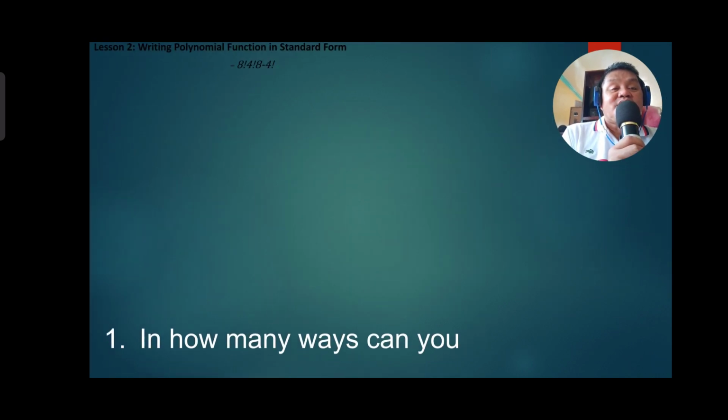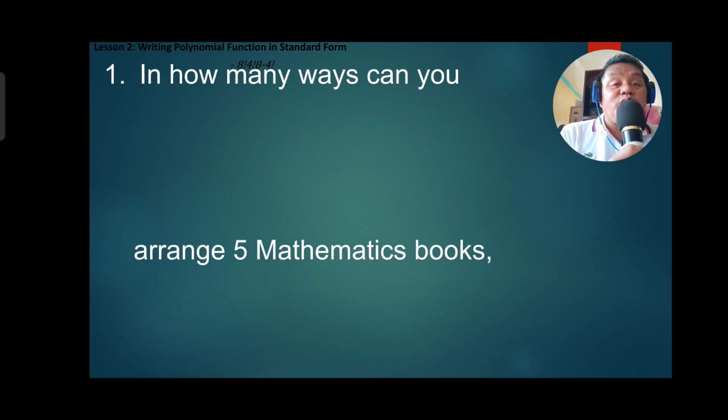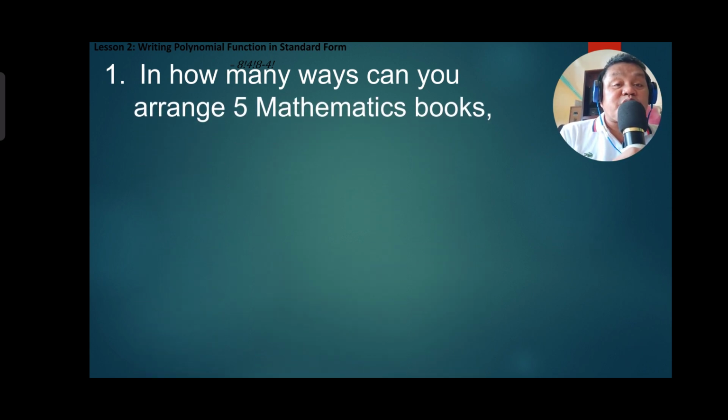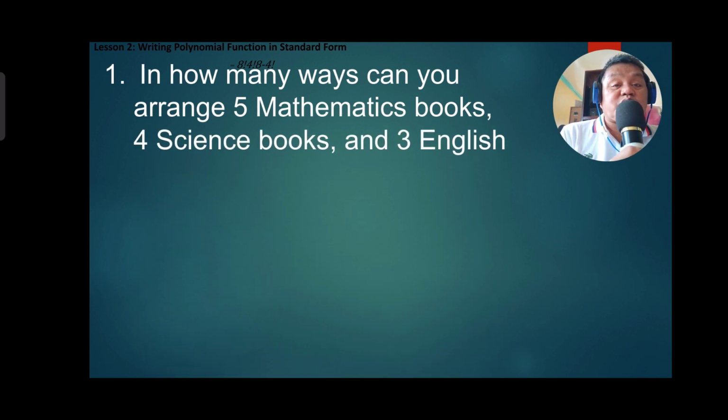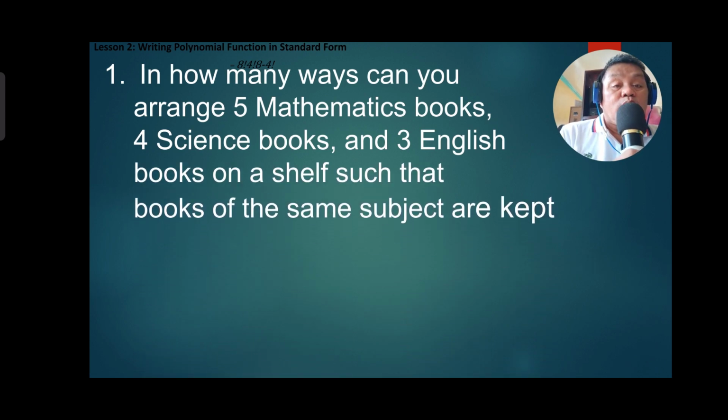Okay, so we have, in how many ways can you arrange 5 mathematics books, 4 science books, and 3 English books on a shelf such that books of the same subject are kept together?